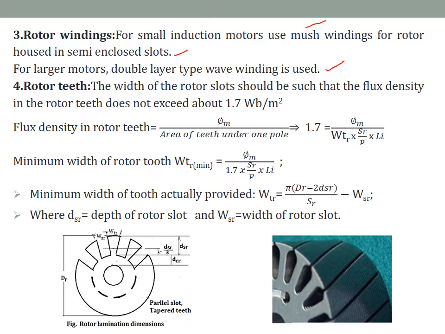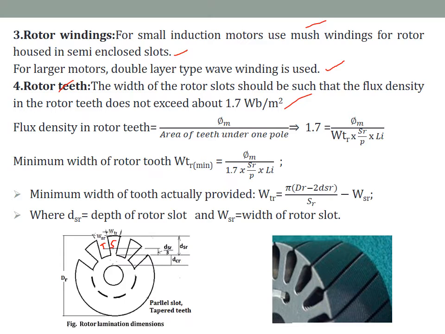Now coming to finding the rotor slot and teeth dimensions. The width of the rotor slot should be such that the flux density in the rotor's teeth does not exceed 1.7 Weber per meter square. So now here you can see this is the teeth, okay, this is the teeth and this is the slot.